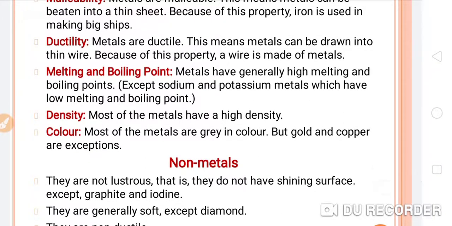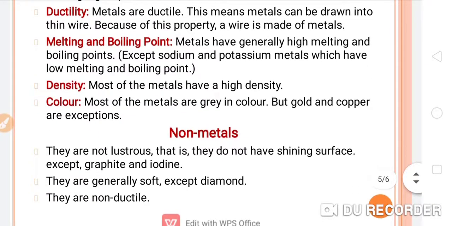Metals generally have high melting and boiling points due to strong bonds, except sodium and potassium, which have low melting and boiling points. Now next, density. Most metals have a high density. Now color. Most metals are grey in color, but gold and copper are the exceptions.